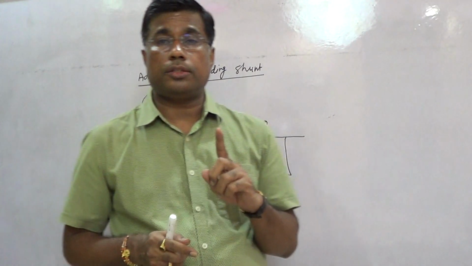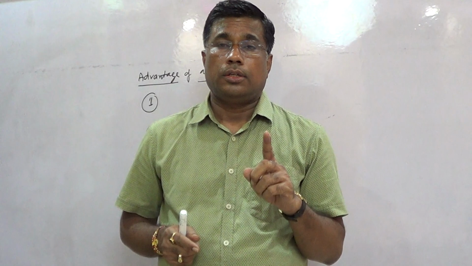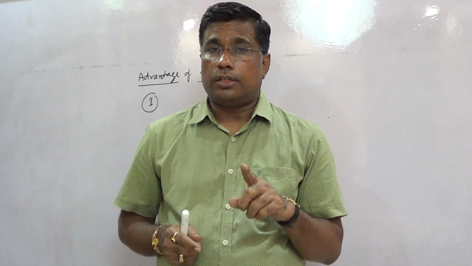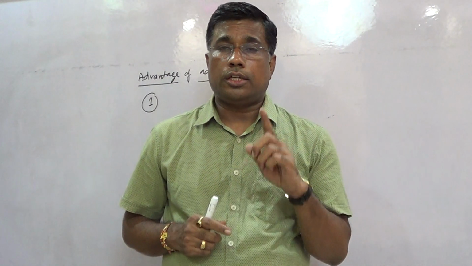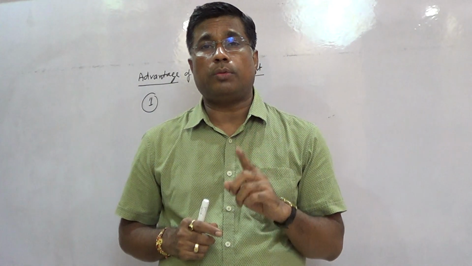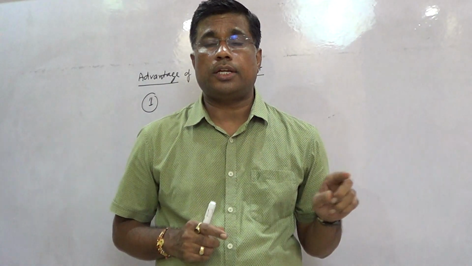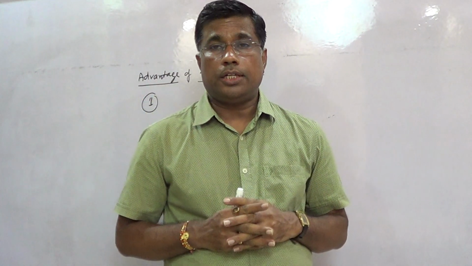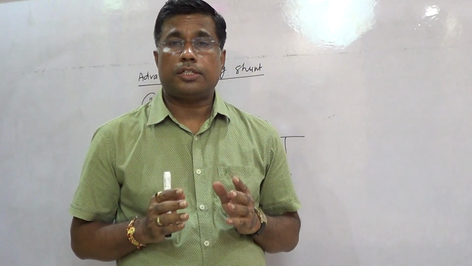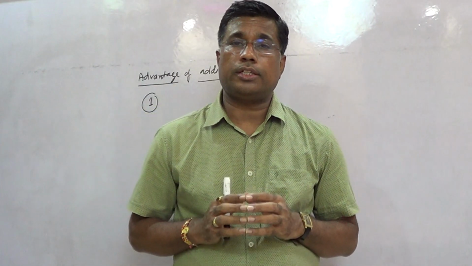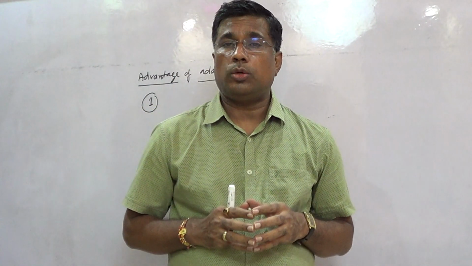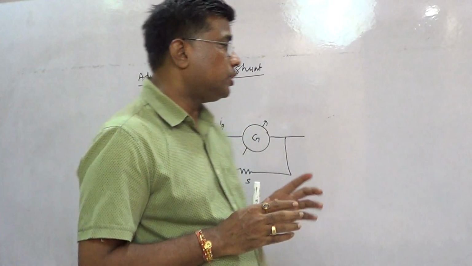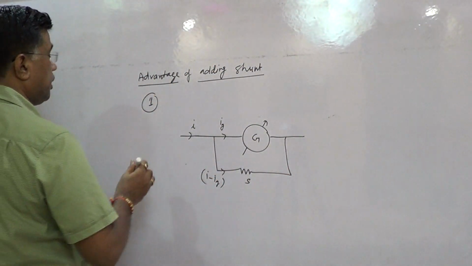So first point you can write, the advantage of adding shunt parallel to galvanometer is it prevents galvanometer coil from its burning. Student, write this line. The connection of shunt parallel to the galvanometer prevents galvanometer coil from its burning. So this is the first point of its advantage.